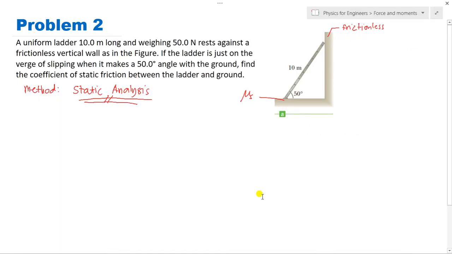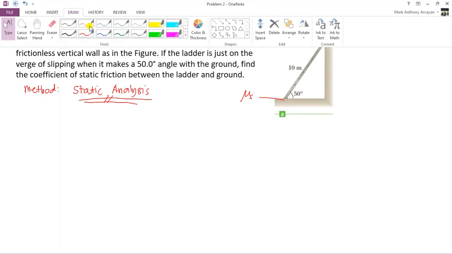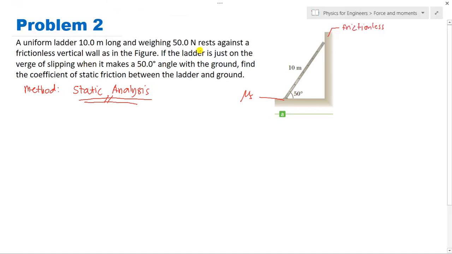Kani, if the ladder is just on the verge of slipping. Diba? Na-get niyo ang idea? Hapit pa lang daw siya. Hapit na jud. Hapit na ni ma-slide. Do you get the idea, class?